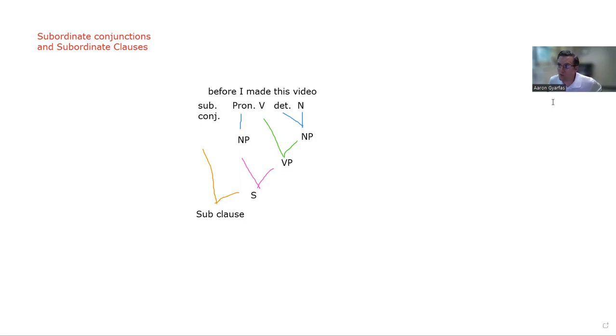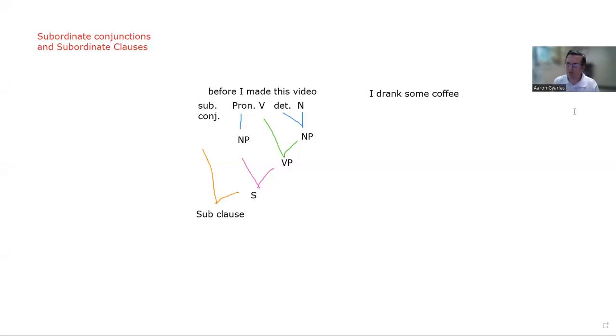If you wrote this in your English class, your teacher probably underlined it in red ink or circled it and said fragment, okay? Because this is not a complete sentence when you have that subordinate conjunction. So that's a subordinate clause. It would need to connect to a main clause.